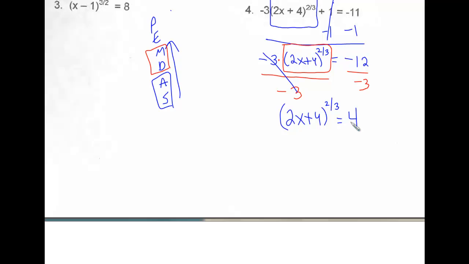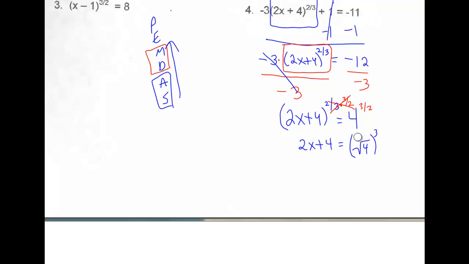So the next step is to go ahead and multiply the powers on both sides by 3/2. On the left side, that leaves 2x plus 4. And on the right side, that leaves the square root of 4 cubed.